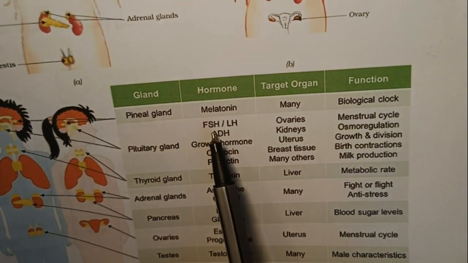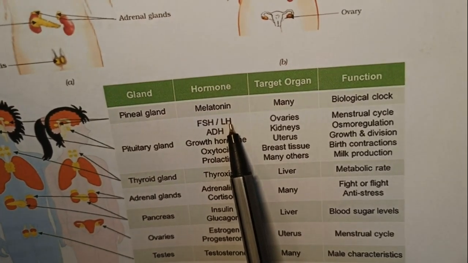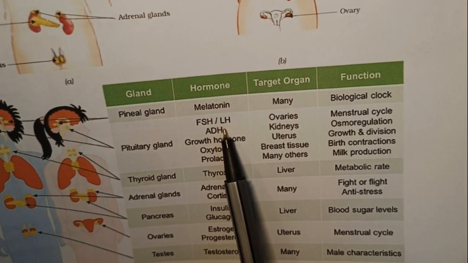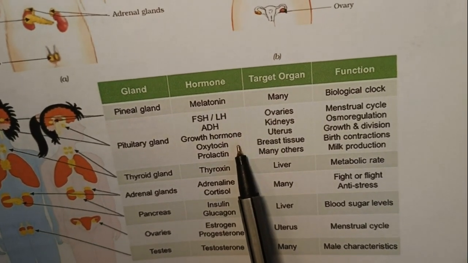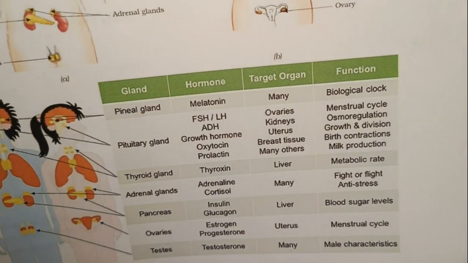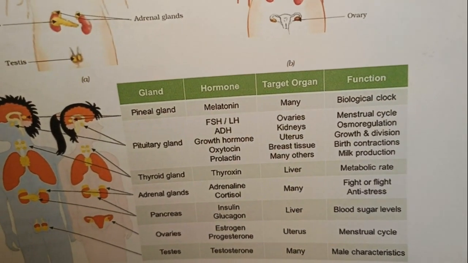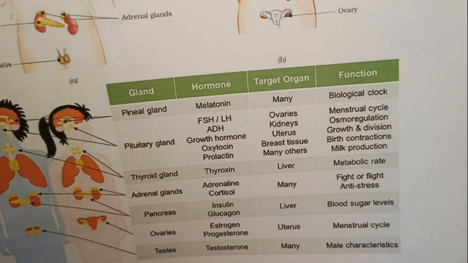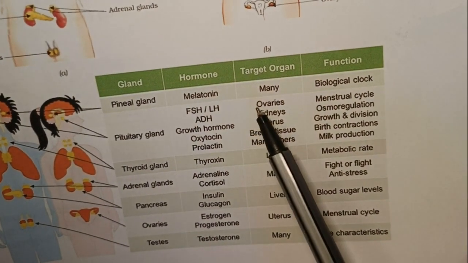It secretes FSH, LH, ADH, growth hormone, oxytocin, and prolactin, okay? So the target organs for these hormones, FSH and LH, we will see in the reproductive system chapter.